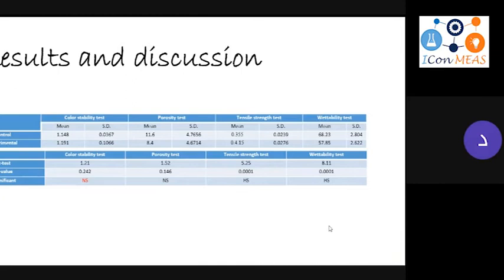In addition, a highly significant increase of wettability may be due to the fact that titanium dioxide decreases the surface tension of the droplet of water.